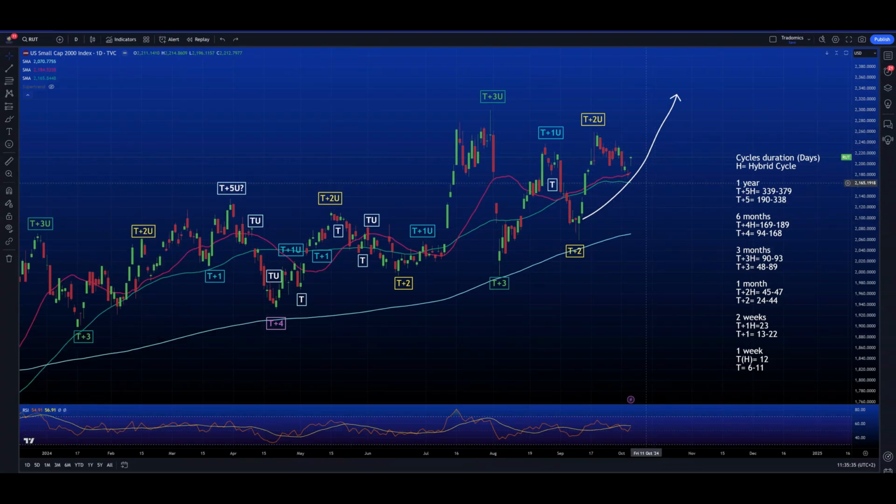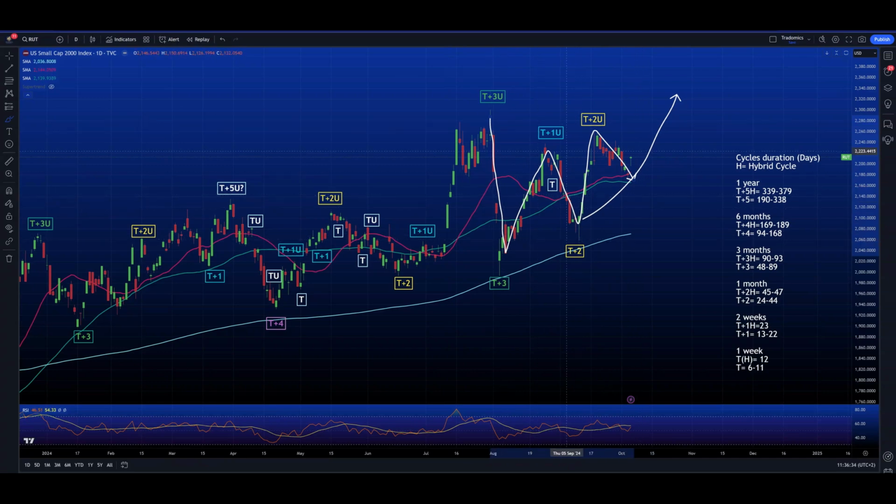Here we have the development of the T plus 2 upward cycle. Now, the thing is that according to this peak and then harsh retracement, this peak, harsh retracement, this peak, harsh retracement, it seems that they are wearing out time rather than proceeding with the rally to have a more steady state situation, because after this exploit that we had between 10th of July and 31st of July, it seems that they are not really pushing hard for proceeding the rally, but rather they are using the time at their disposal and their funds or HFT to have such a trend, which is basically no trend.